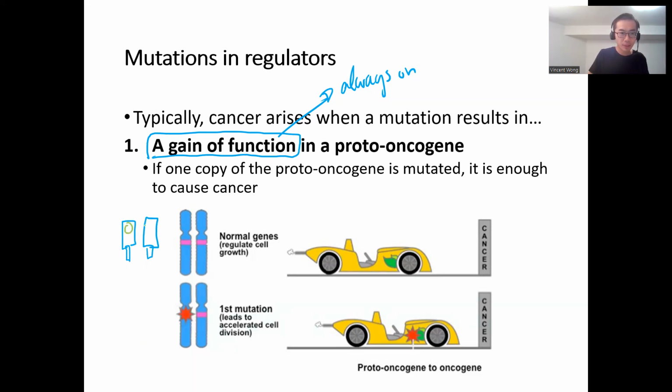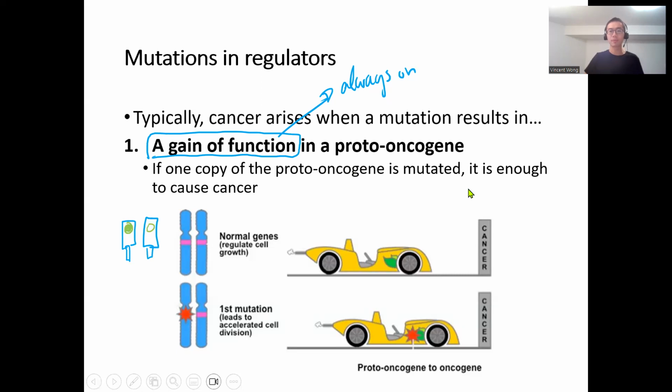Green light number 1 and green light number 2, and they go on and off depending on the situation. But if you have a gain of function mutation and one of them is always on, that's enough to cause havoc, because the cell sees one green light and thinks, all right, we've got to divide.